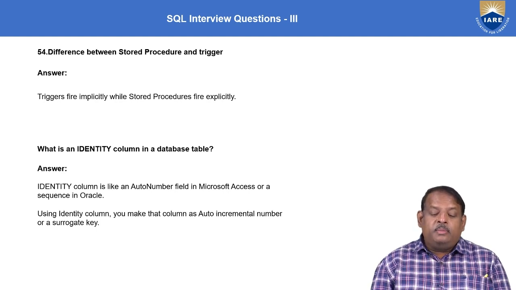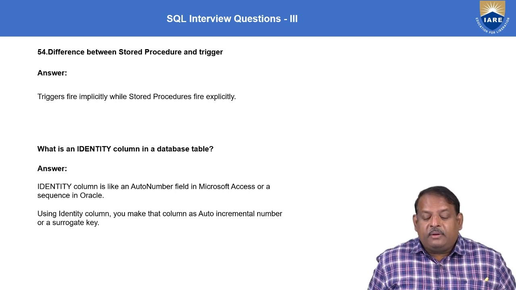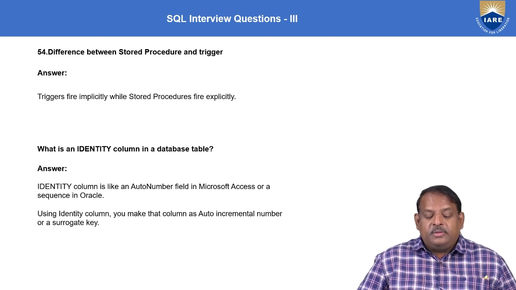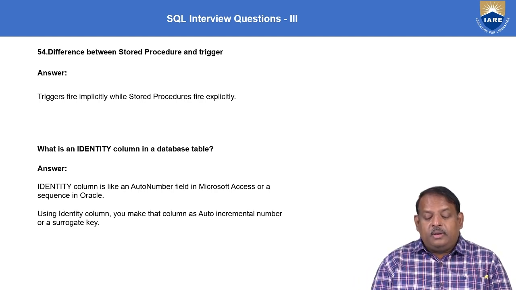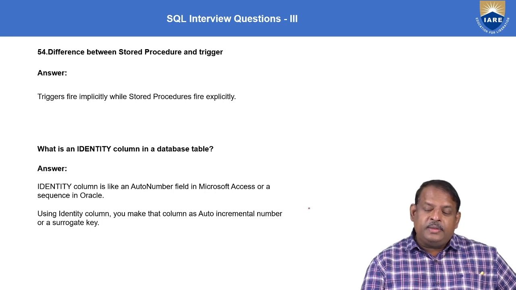So an identity column is like an auto number field in Microsoft Access, or like a sequence in Oracle. Using an identity column, you can make that column an auto-incremental number or a surrogate key.